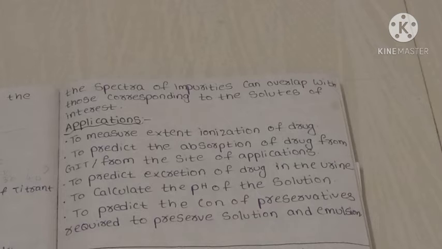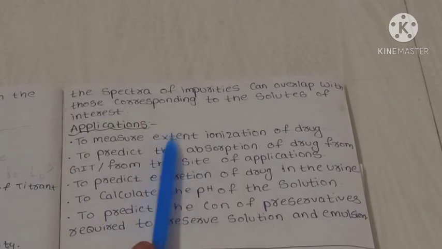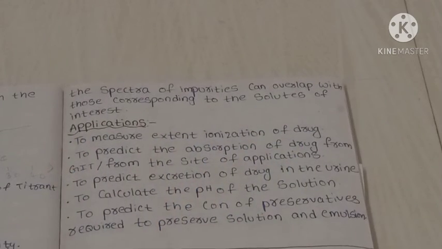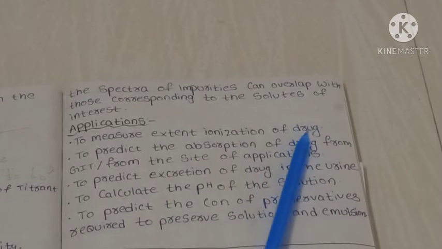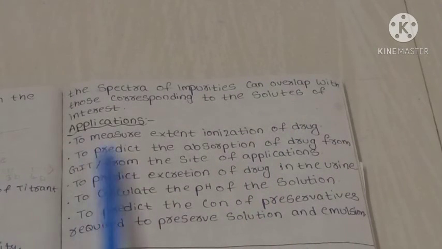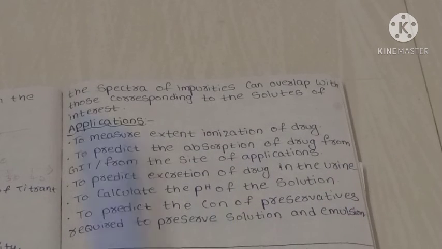Now we will see the applications. These are very important applications of the dissociation constant. To measure the extent of ionization of a drug: by using the dissociation constant, we can measure to what extent a particular drug can be ionized, and also predict the absorption of the drug from the GIT or from the site of application.